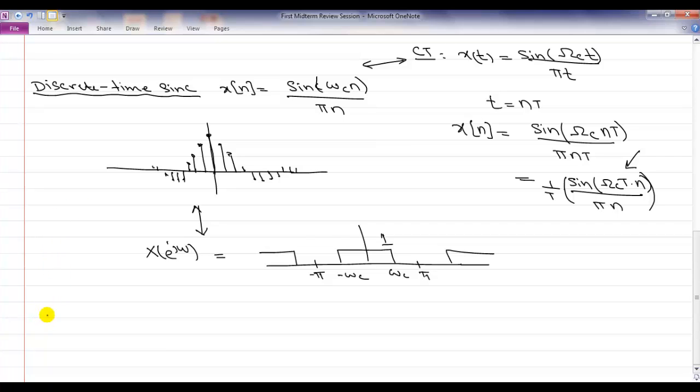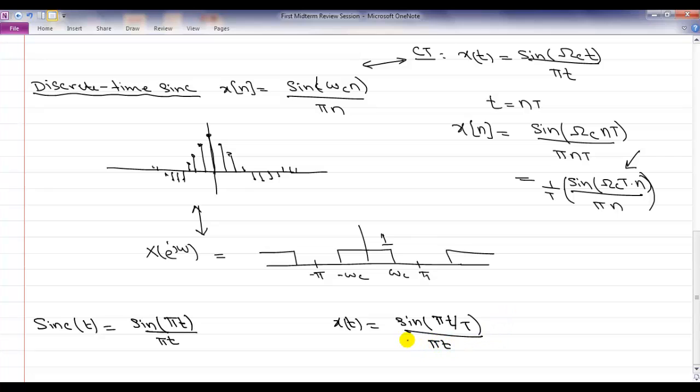Let's say you have learned to define sinc of t as sine pi t over pi t. Now I wrote earlier x of t equal to sine of pi t over capital T over pi t.